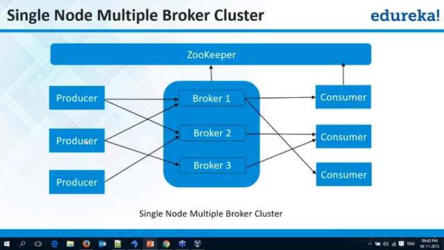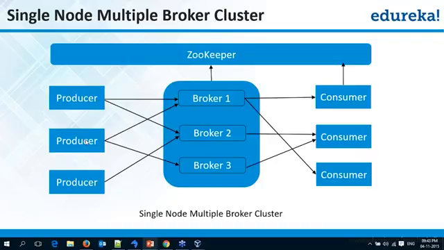Every time, the consumer is responsible for retaining the offset from where it left off reading, and it passes the next offset from where it left off and picks up the information. So this is how the single node multiple broker cluster works at a very high level.